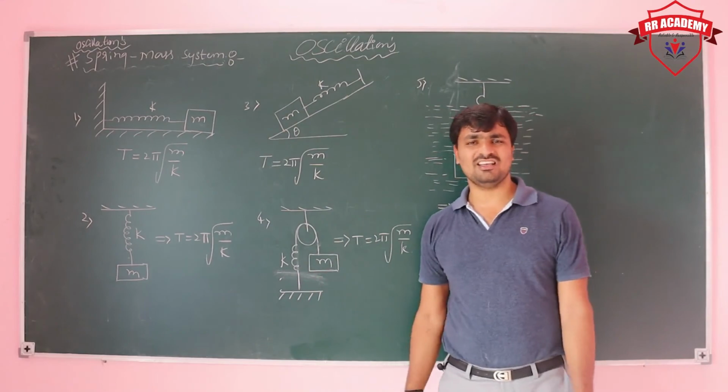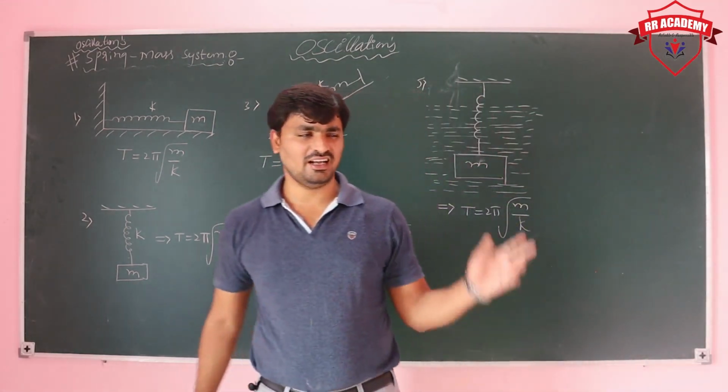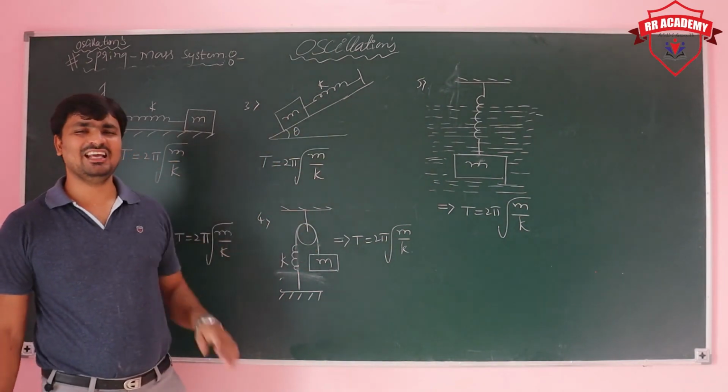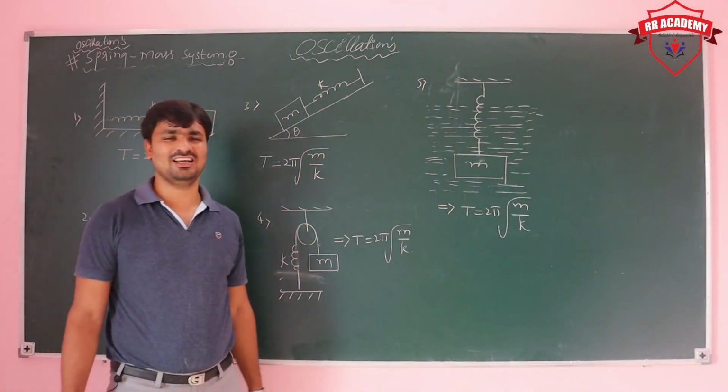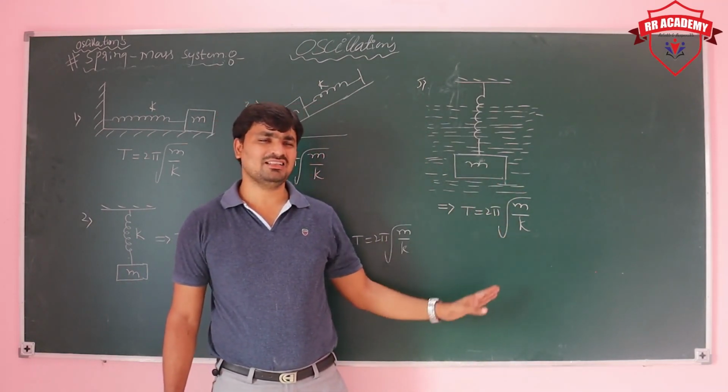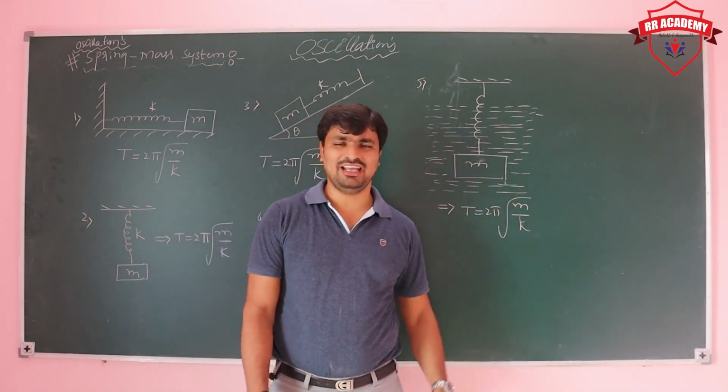So in all these cases, horizontal, vertical, inclined, connected by a pulley, and even inside a liquid, the time period of the spring mass system is 2 pi into under root m by k.